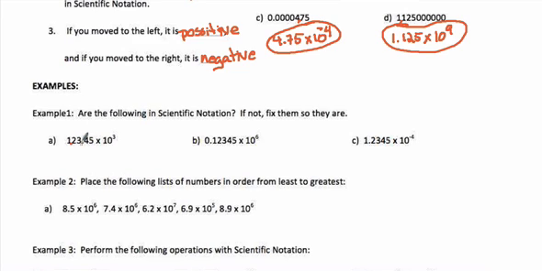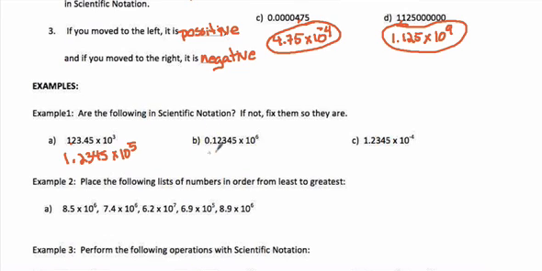So in order to change that, I need to move my decimal point to the left 2 spots, which means I'm going to add 2 onto this number here. So this would actually be 1.2345 times 10, and I moved it to the left, so that's positive 2. 2 plus 3 is 5.